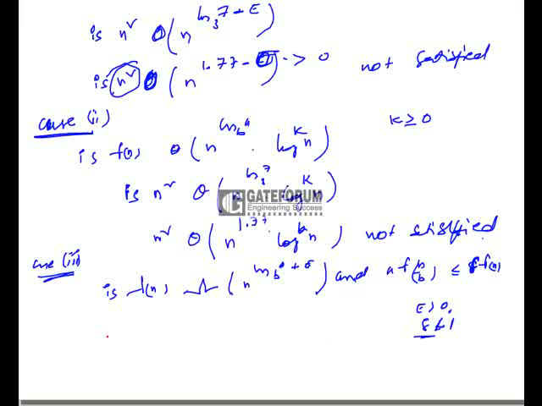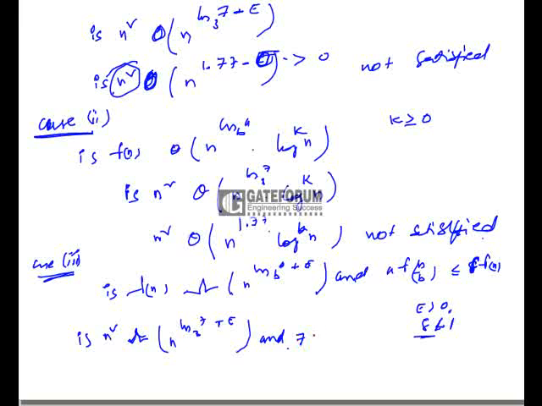So here f of n is n square, omega of n power log 7 to base 3 plus epsilon, and a into f of n by b.